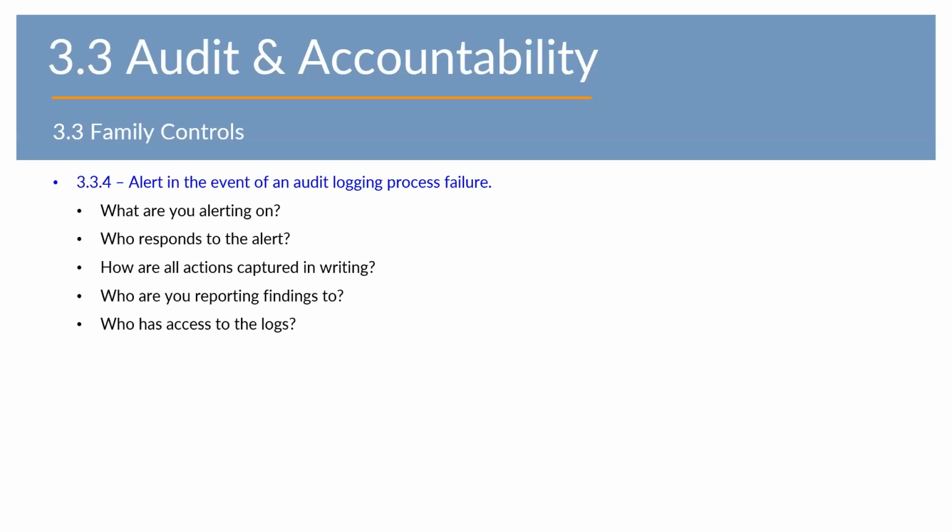Alert in the event of an audit logging process failure. This is a great one that most people overlook. I set my device up to send the logs, but if something happens and it stops sending logs, do you even notice? One of the ways that we've solved this in the past, for example, was to create on a dashboard, if I had 5 firewalls, I wanted to see the total amount of traffic per day that the firewall is producing, and it was in a bar chart.